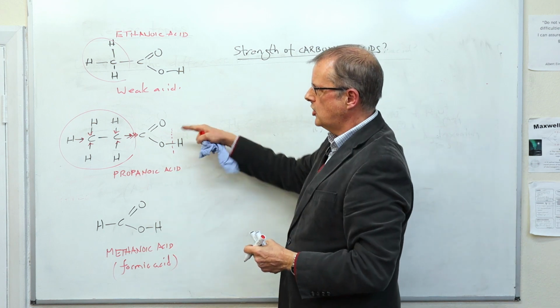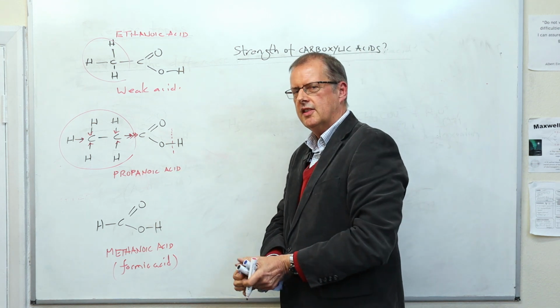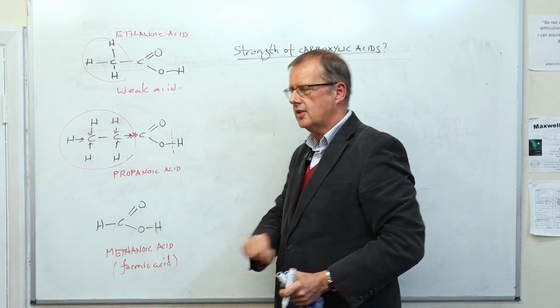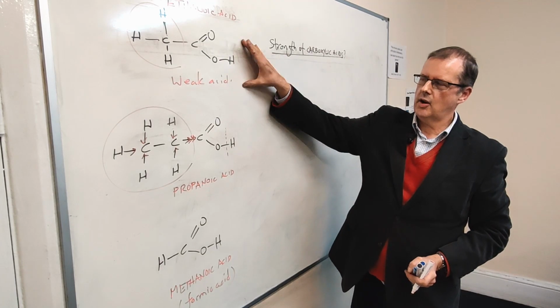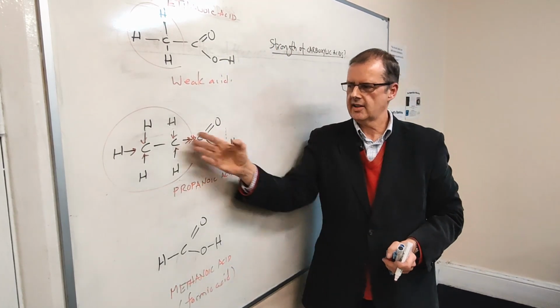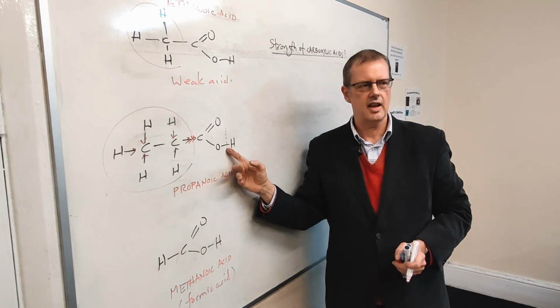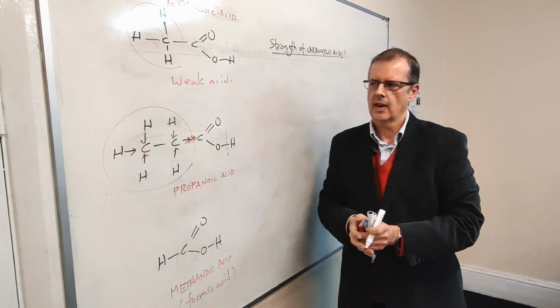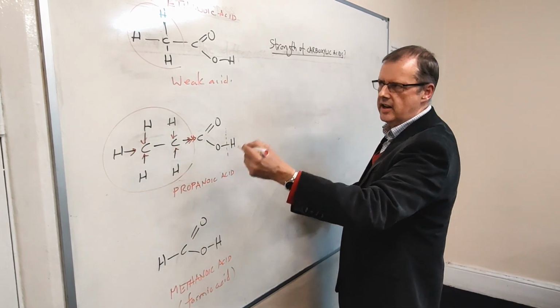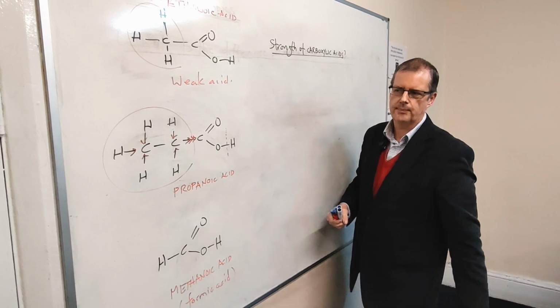So the question is, which of the 2 acids is the stronger or weaker? The stronger acid is ethanoic acid because this bond breaks more easily. This one has a more reinforced bond and doesn't break so easily. So propanoic acid is a weaker acid than ethanoic acid.